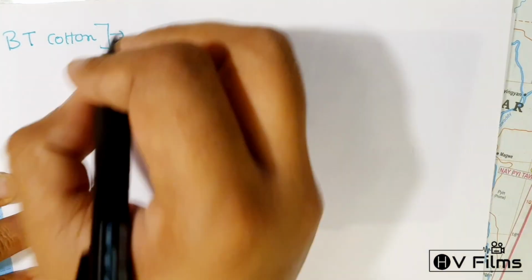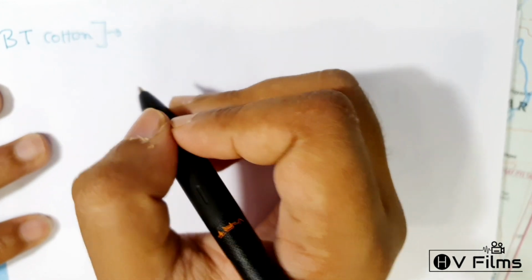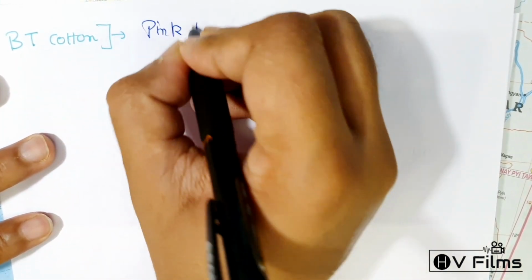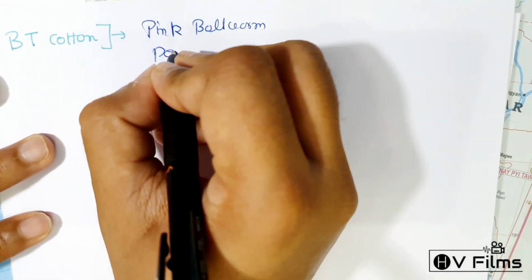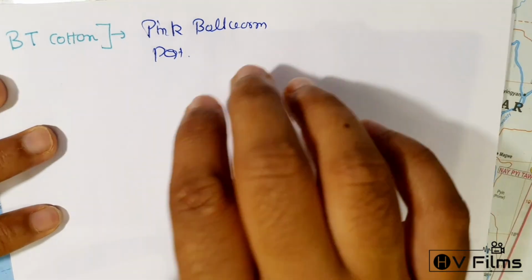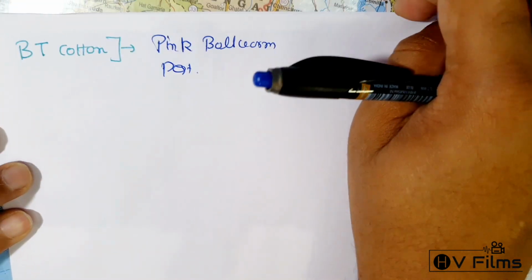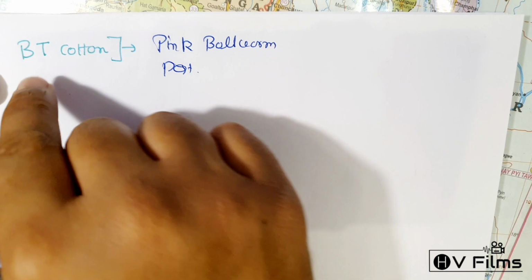Let me write it here. It has been modified for developing resistance to the pink bollworm pest in the crop. Generally, this was a basic pest which appeared on the cotton and was destroying it. So in order to make it resistant to that, we created BT cotton.